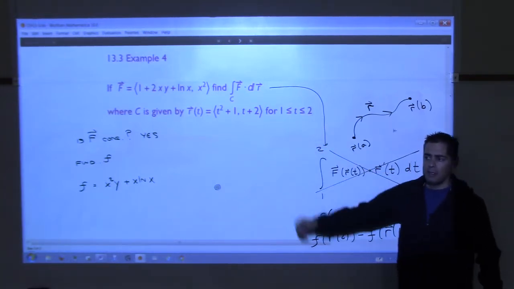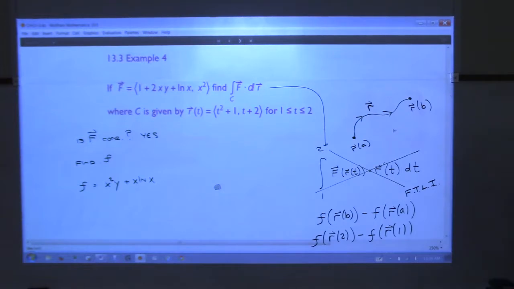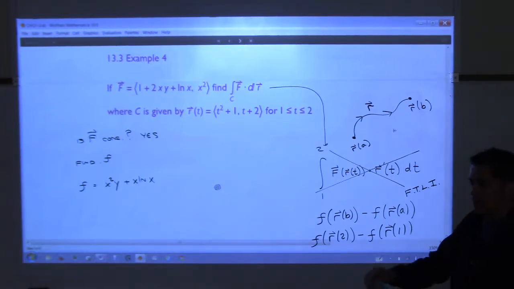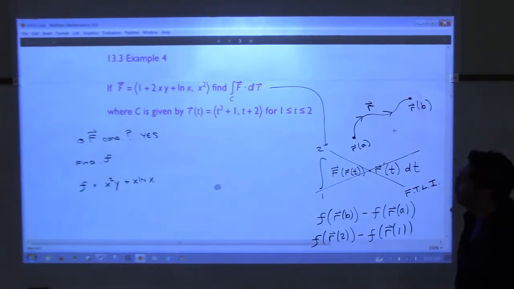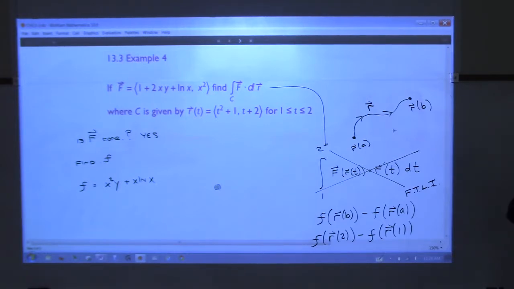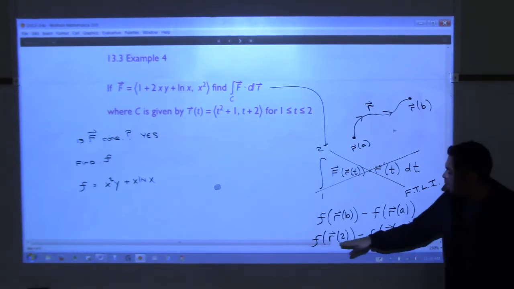But you still have to turn the little f terms into terms of t, don't you? Little f in terms of t? Yeah, if you're plugging in the two inputs at f, you still need to convert them. R is going to give me my x and y coordinates. Well, don't you need to turn little f into t squared plus 1?